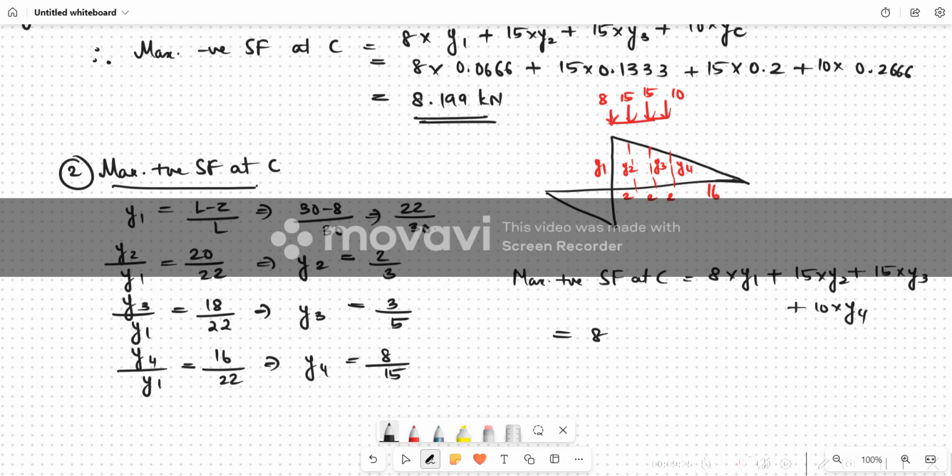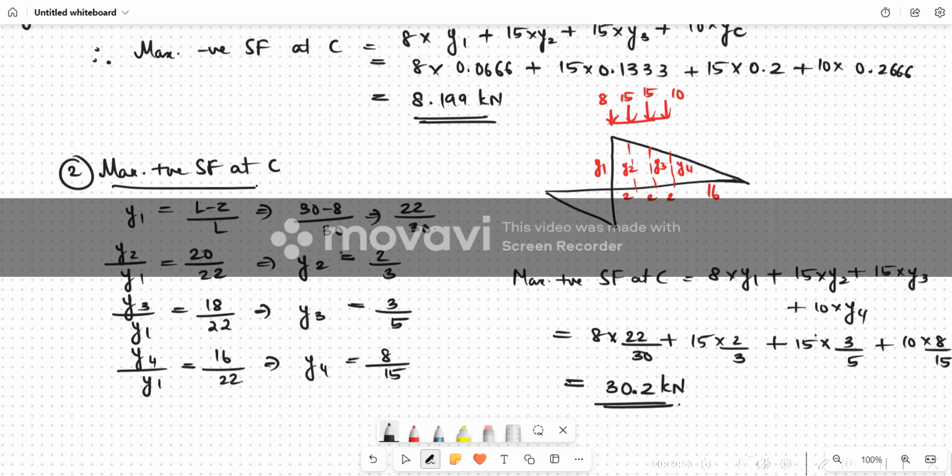That is equal to 8 into 22 by 30 plus 8 into 2 by 3 plus, oh no, I'm sorry, it's not 8, it is 15. 15 into 2 by 3 plus 15 into 3 by 5 plus 10 into 8 by 15. So this gives an answer of 30.2 kilonewton.